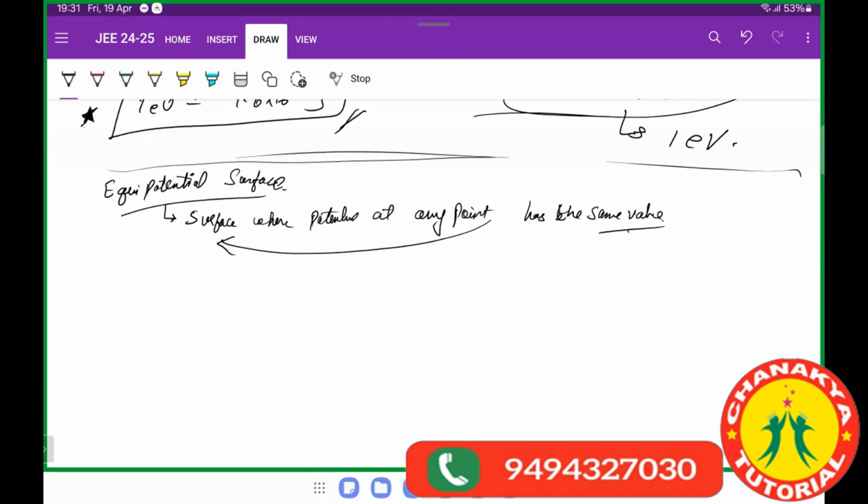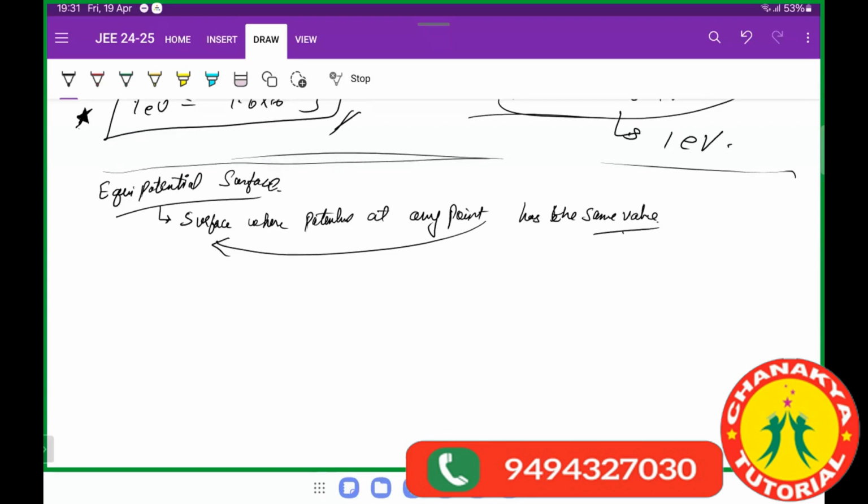Now, it has some properties similar to electric field lines. Like we said, the potential on the surface is the same at any point. Electric field lines and the equipotential surface are perpendicular to each other.